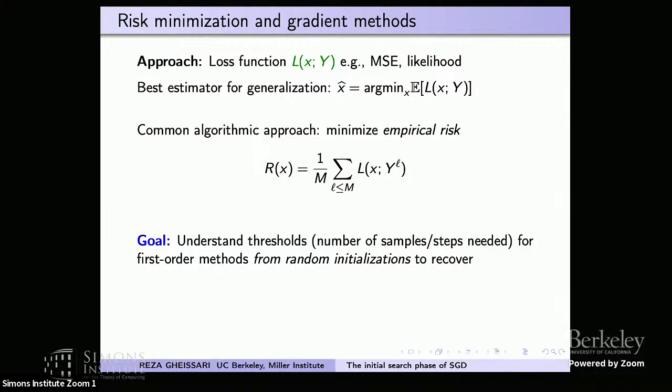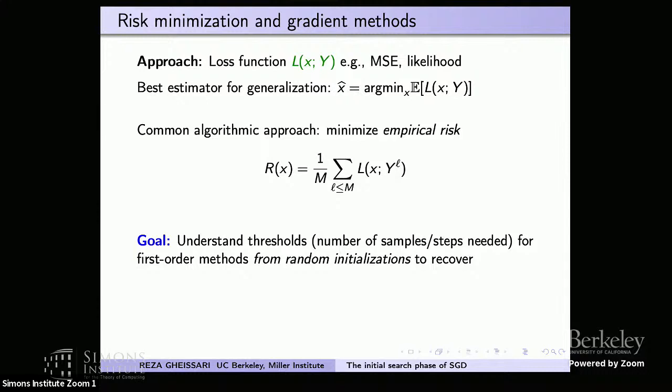So sometimes spectral initializations can help, but I really want to key in on the role of initializing randomly and just using a first order approach. What does that do for us? And why is that different from when you use something like a spectral initialization?